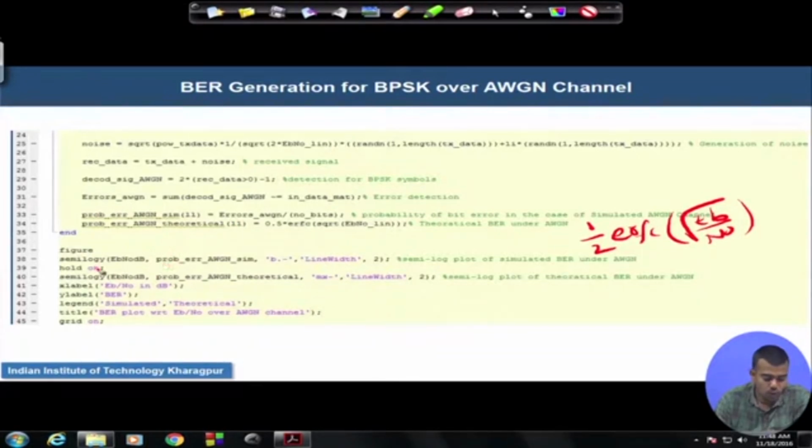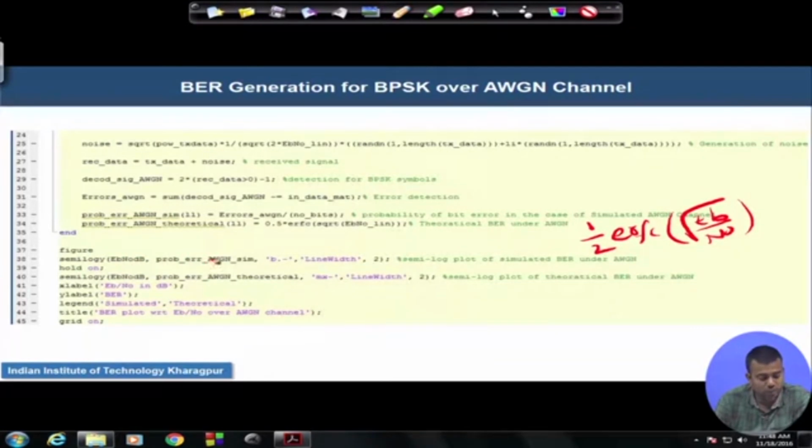Then I am going to plot both the probability of error in simulation and the probability of error theoretically using the semilogy command. This semilogy command will generate a plot by taking this x component, and plots the graph with respect to the x component and y component.